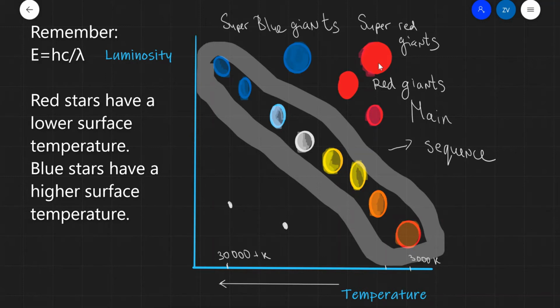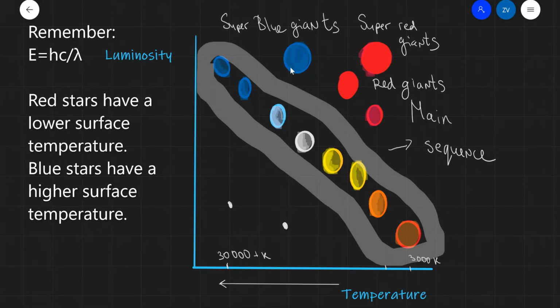So that means that the longer the wavelength, the lower the temperature. So red with a long wavelength is found on this portion of the graph, whereas the stars with blue color, with a very short wavelength, have a very high temperature.